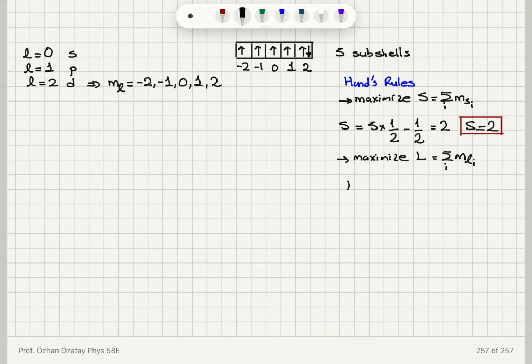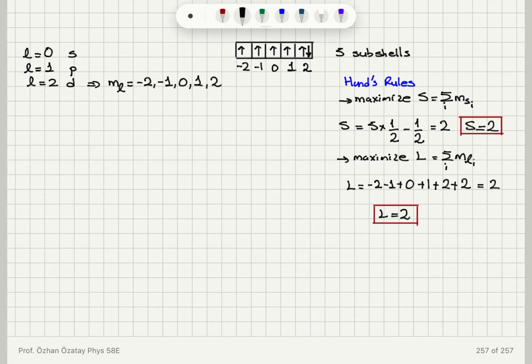The reason I have put the last electron in the m sub L equals 2 is to maximize L, so that I will have -2, -1, 0, 1, 2, and 2. So the answer will be 2. Therefore, the total orbital angular momentum quantum number will be 2.